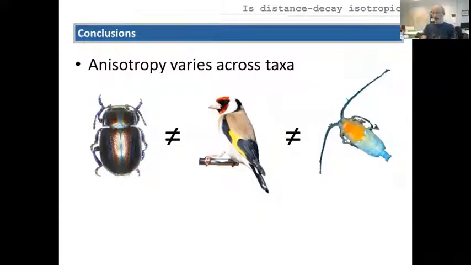So, in conclusion, anisotropy varies widely across taxa and systems, like marine and terrestrial systems and continents. In Europe, the peninsulas in the south make the turnover in east-west directions much more important than the turnover in the north-south direction.